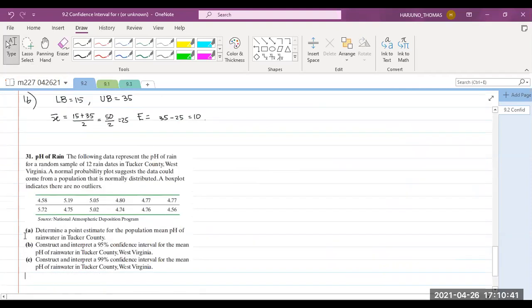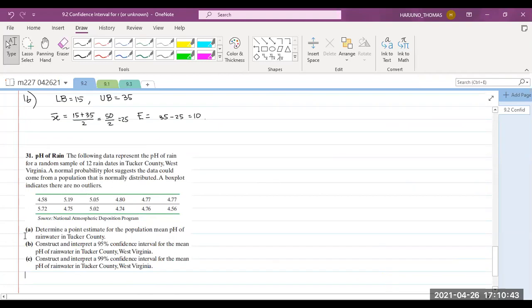We have 12 data points here. These are the numbers. And they tell us that this data set comes from a population that is normally distributed.